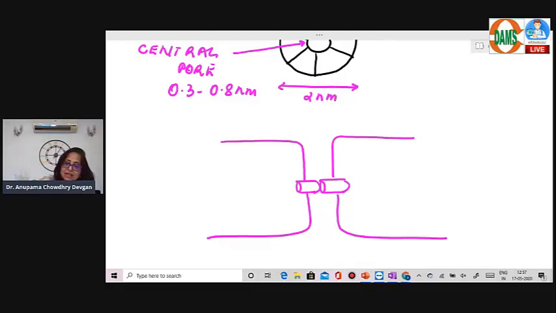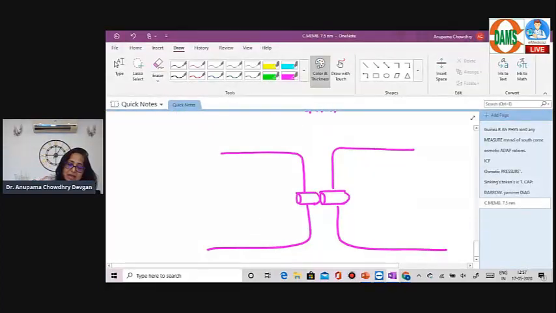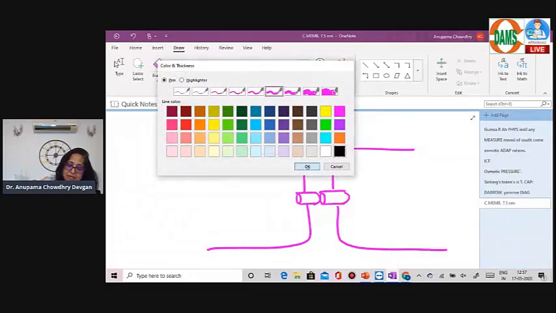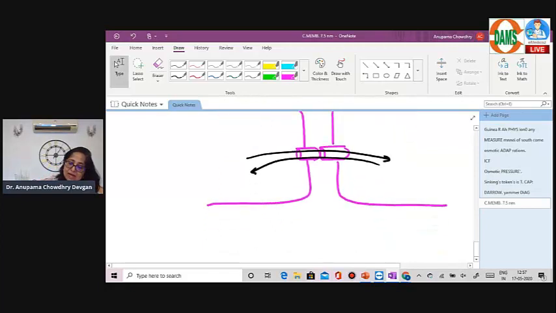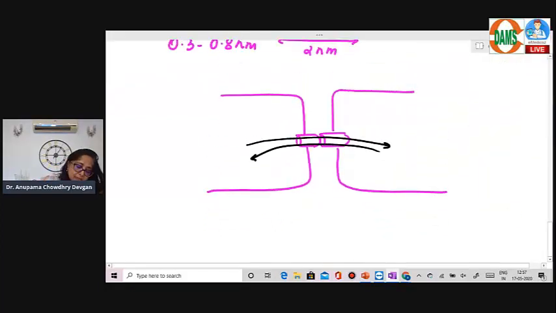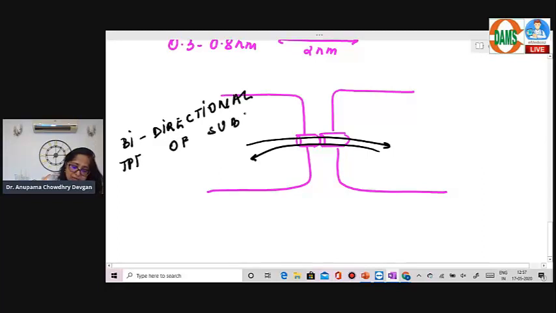These allow a bidirectional transport of substances. These two connexons, aligned with each other, allow bidirectional movement of substances between the cells.